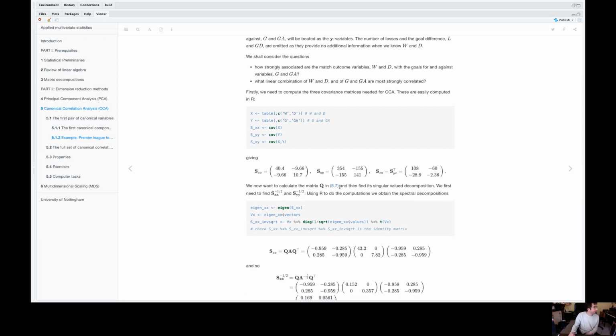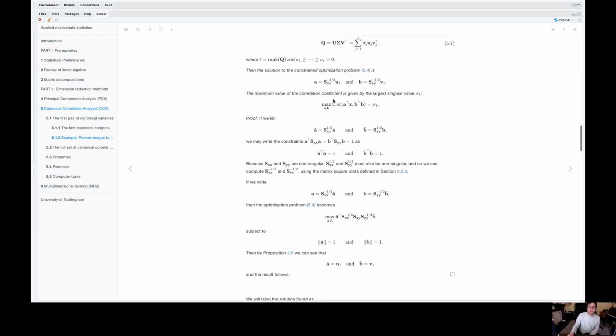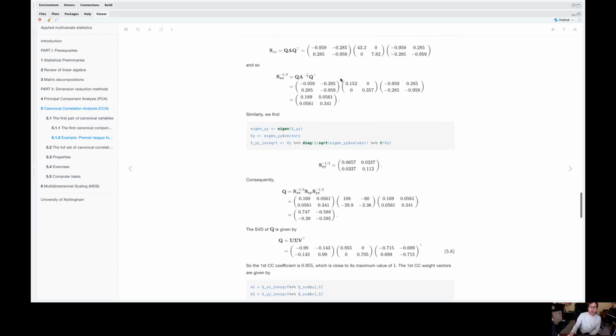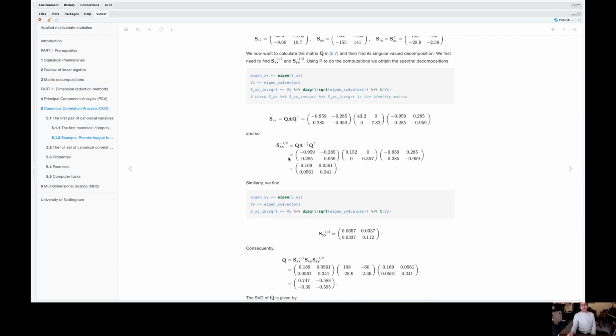And that gives us these three matrices here. Now, the first thing we need to do before doing CCA is to work out this matrix Q. Q was the inverse square root of SXX times SXY times the inverse square root of SYY. So to do that, we need to find the inverse square root of SXX.